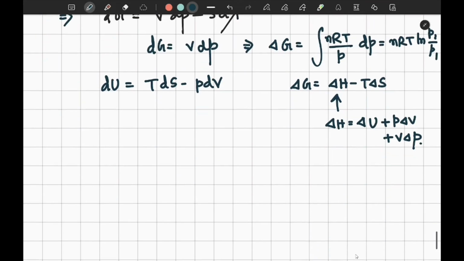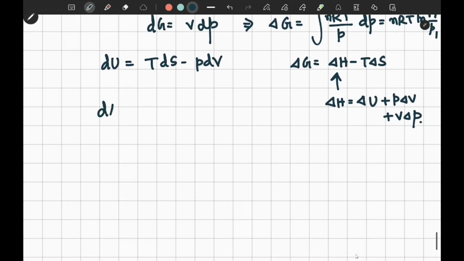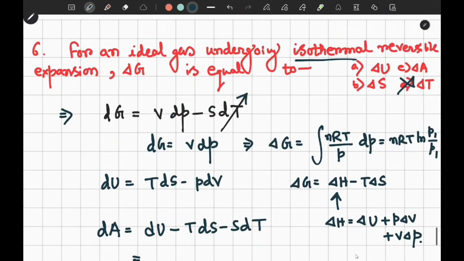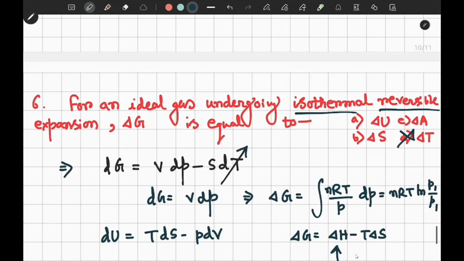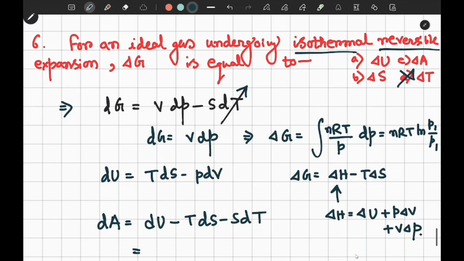Purely not delta S. Let me check delta A, because both are free energies, so it may be. Delta A is delta U minus TdS minus SdT. And why is the reversible process mentioned here? Because all these equal signs are there because of the reversibility.